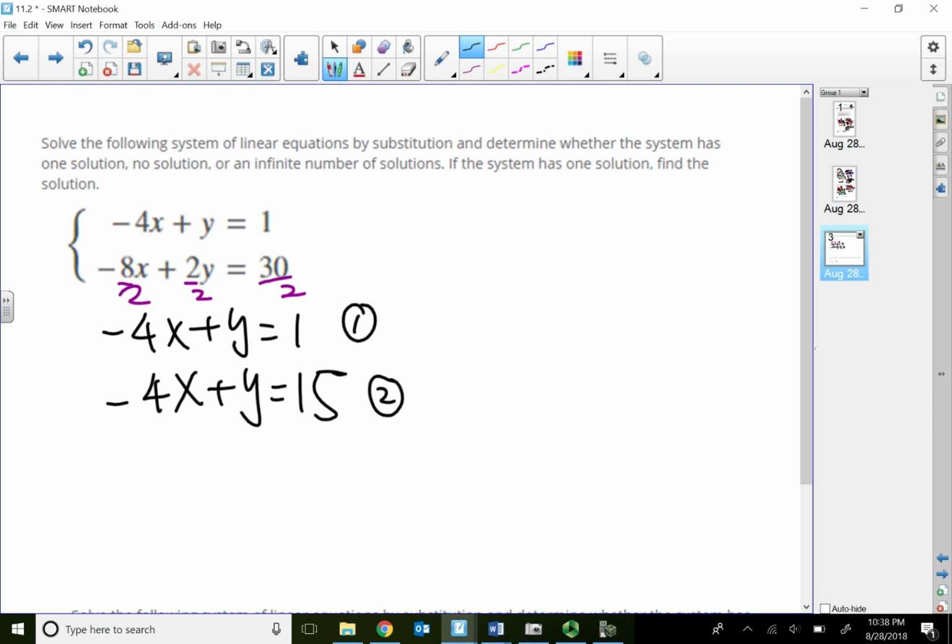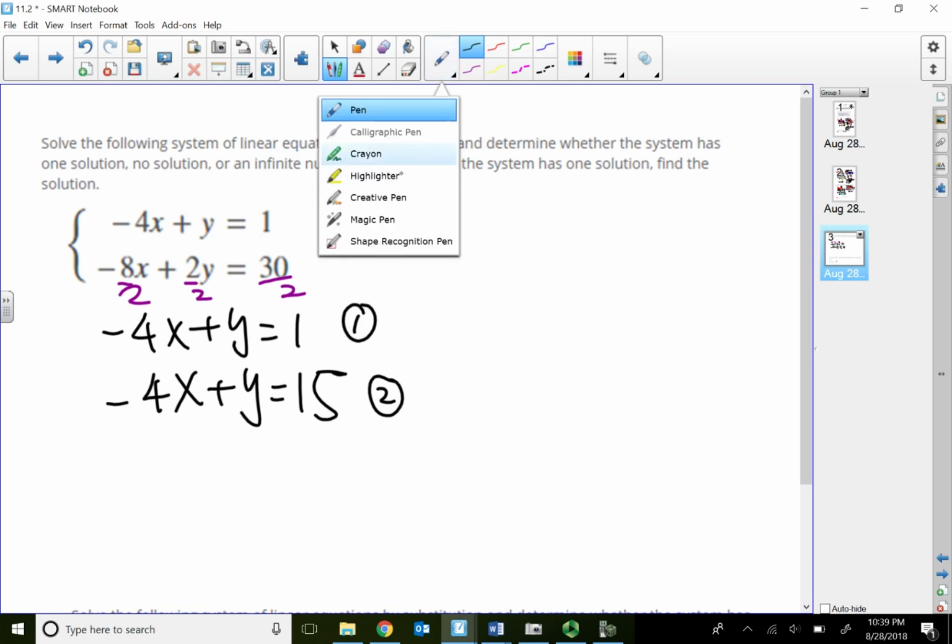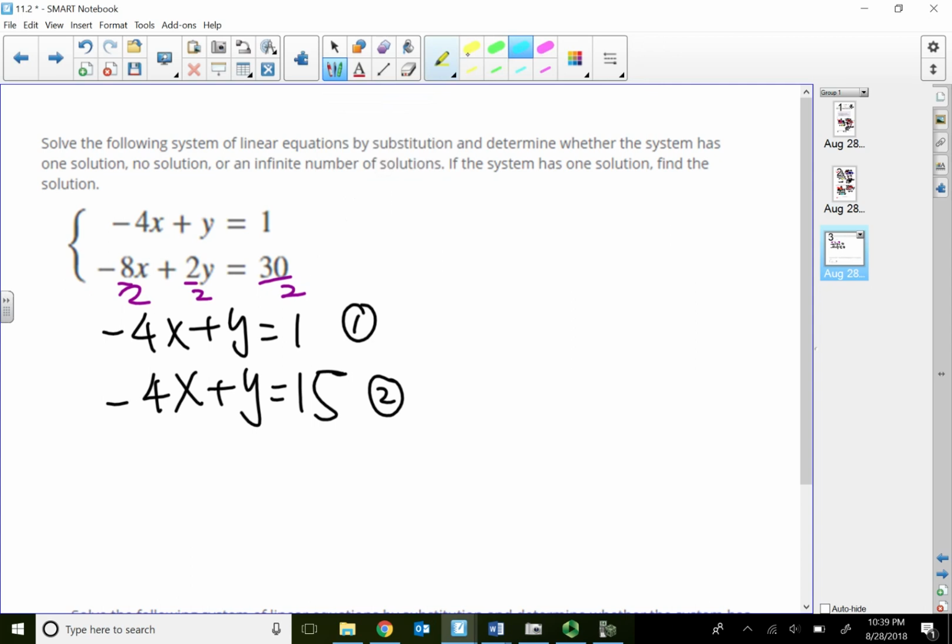So if you just think about this, both of these y's have coefficient 1. So if I solve for either one of those, that means I need to move the negative 4x to the other side. Moving the negative 4x to the other side will actually give me y equals 4x plus 1.